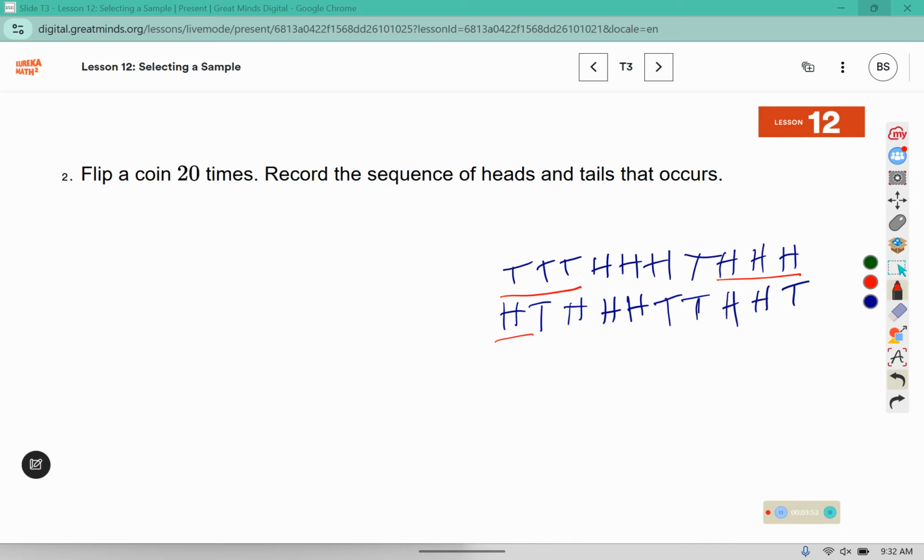By flipping the coin, we're using what's called a random sample. And by using a random sample, we eliminate aspects of bias. When we think about the order of the heads and the tails, we know in our mind that we should get about half of the time heads and the other half tails.